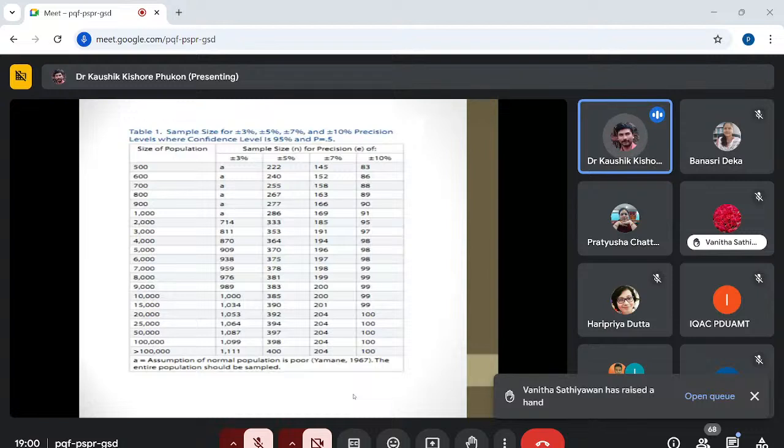If the population is 1000, then also the table is suggesting 100% enumeration at the 3% level. Definitely at a 1% precision level, you need complete enumeration.